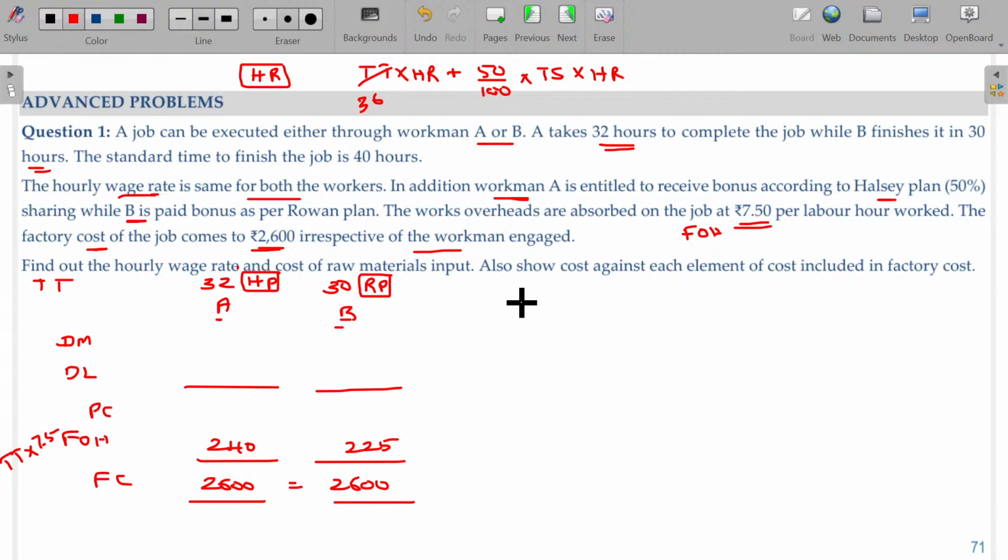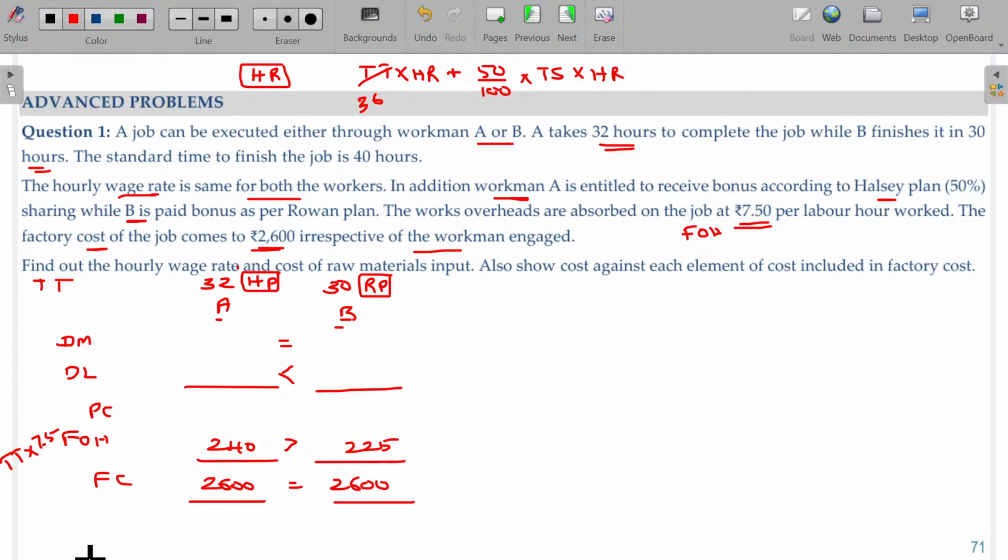Now, direct material should be the same. Factory overhead is higher in A's case. Then naturally, direct labor cost in B's case should be higher to compensate for that. Ultimate factory cost being 2600, factory overhead in case of A is higher by 15 compared to B. This 15 is compensated by the savings in direct labor cost.